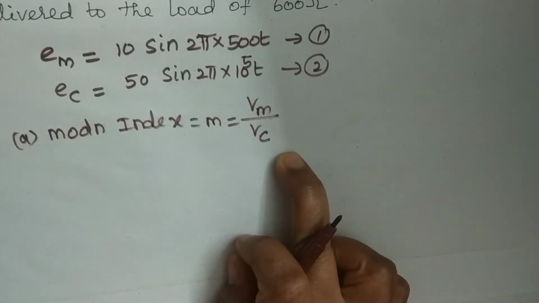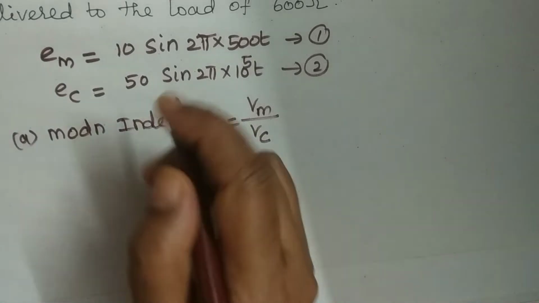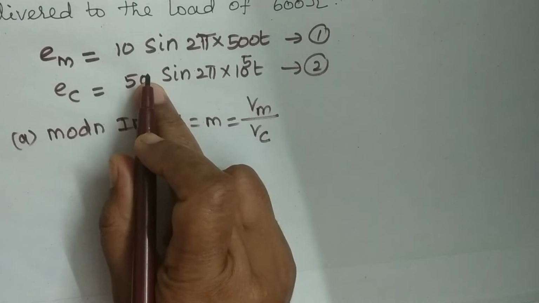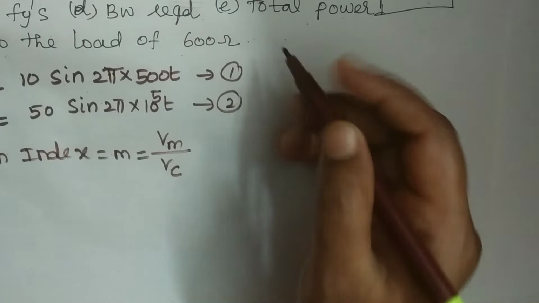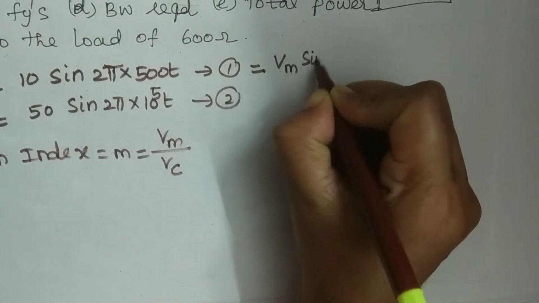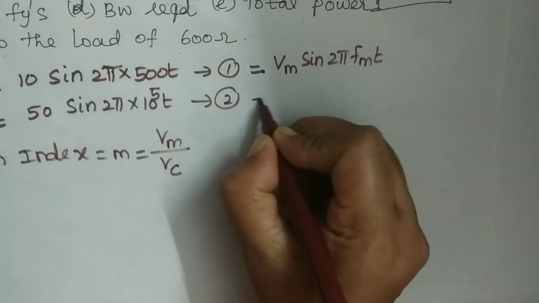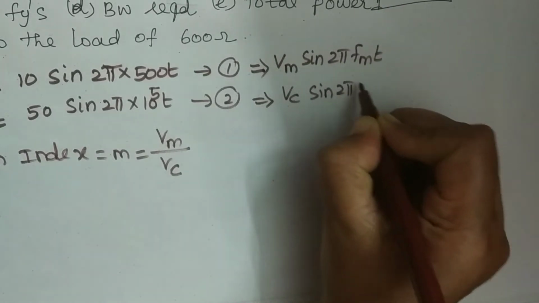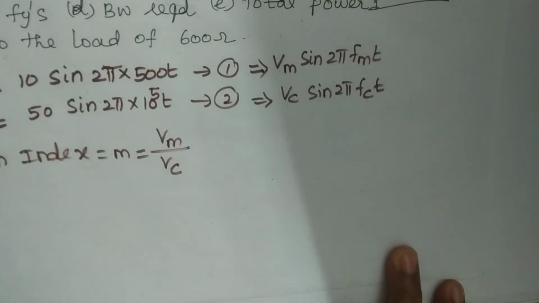This is Vm, 10, in the equation Vm sin(2π fm t), and this is Vc in the equation Vc sin(2π fc t).